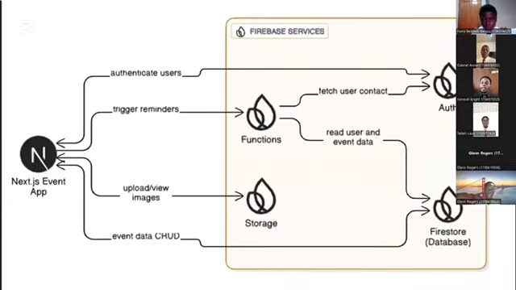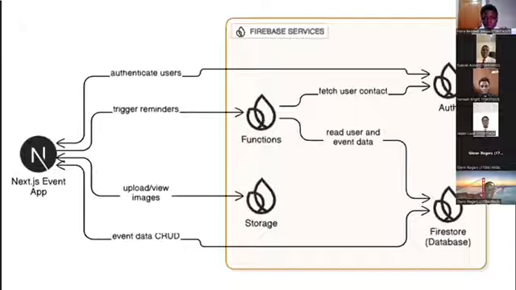That's the architectural diagram. We are using a Next.js app that connects directly to a file system for everything it needs. First, the authentication: we authenticate users using Firebase. Then we use a cloud function to handle things like sending reminders and fetching users or events data.